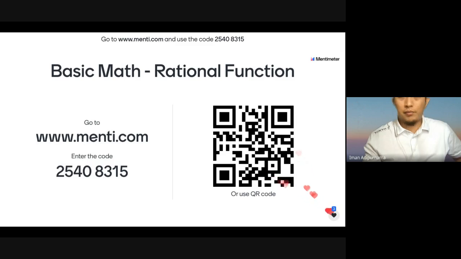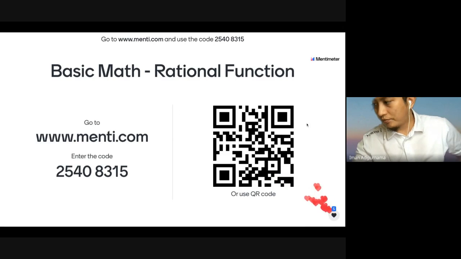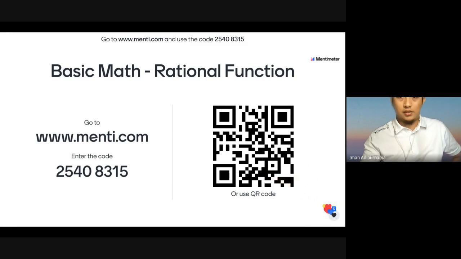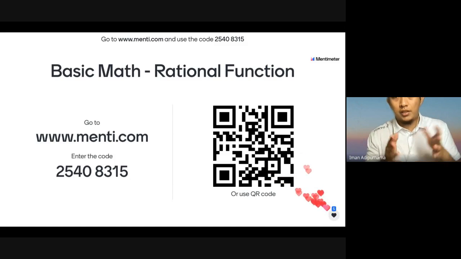I'm not including the previous part about Descartes' rule or the complex part. This is focused solely on the rational function. I hope you remember. I will share the notes after we finish chapter 3 tomorrow. I will share chapters 1, 2, 3 in one PDF folder, and you can review.